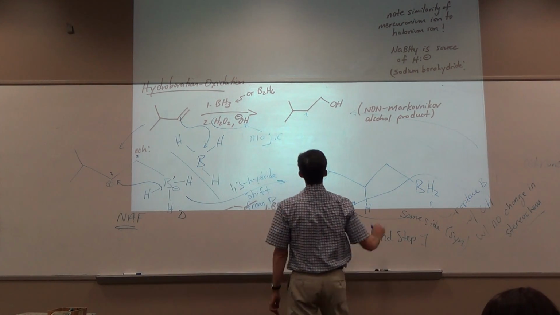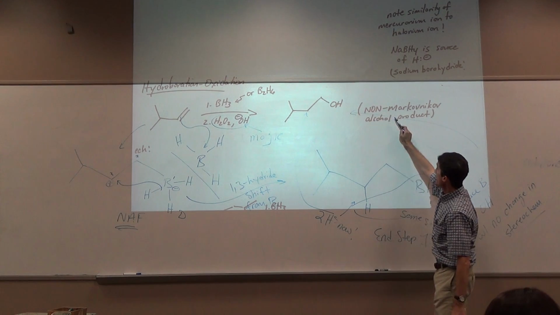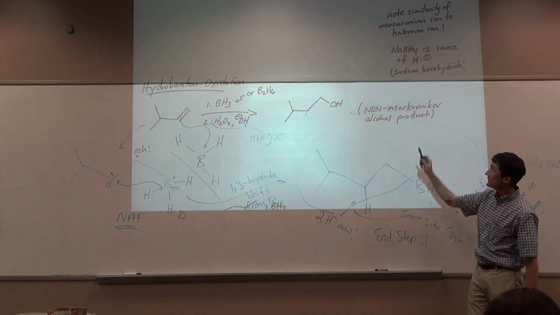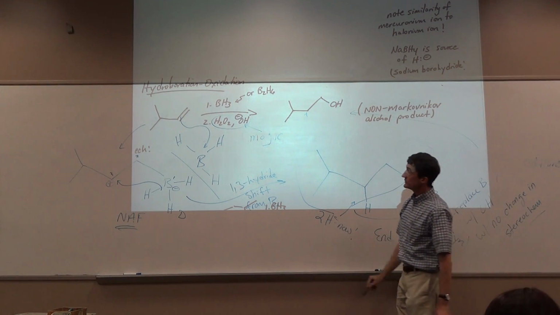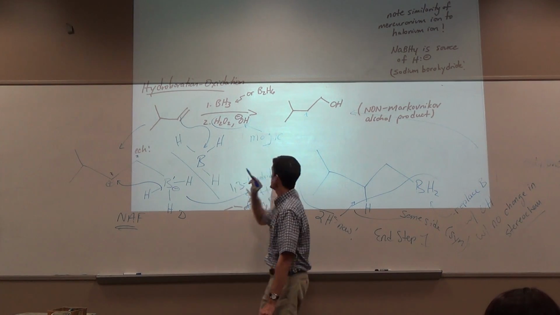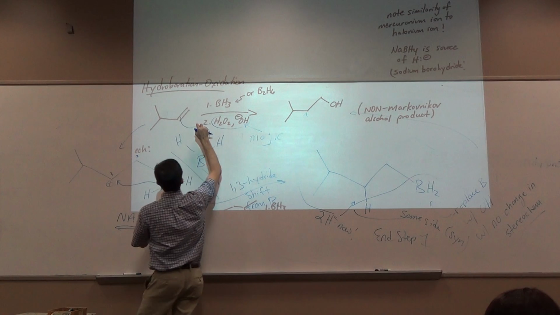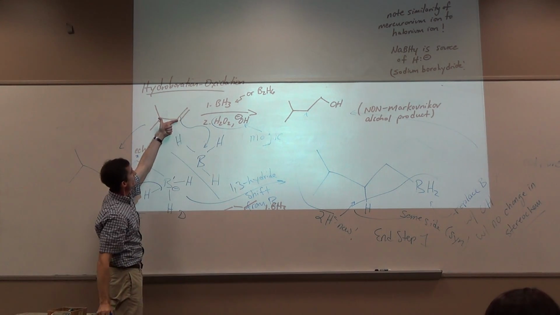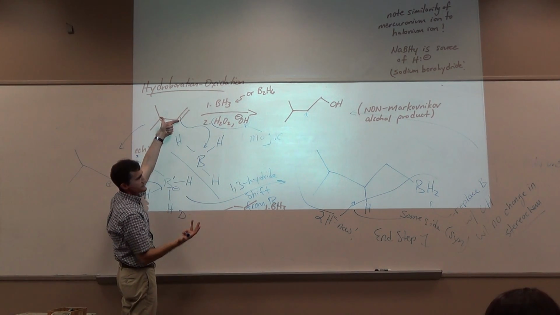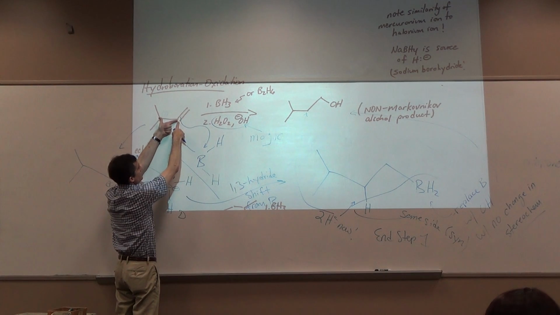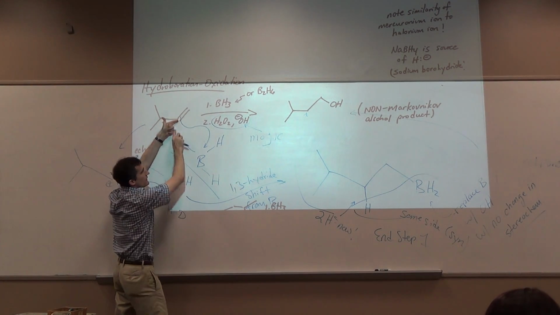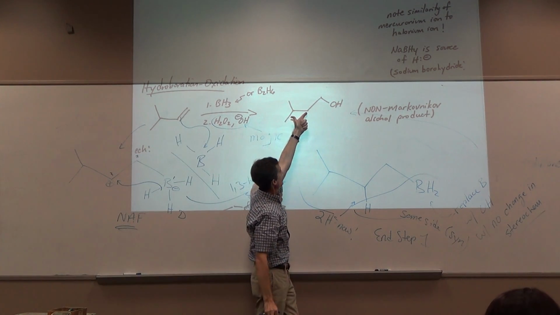So in the end, this gives the non-Markovnikov alcohol product. Markovnikov is based on carbocation chemistry. If you envision a carbocation, you'd make the carbocation there, and standard chemistry is water attacking there and thus oxygen there. But we didn't get oxygen there. We got it over there.